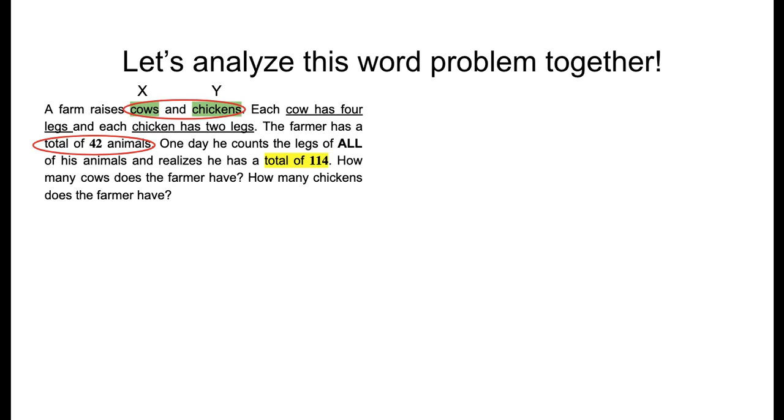So right here where it says that he raises cows and chickens, and we already let that represent our X and Y, we're just going to extract that and say that X equals the cows and Y equals the chickens. Each cow has 4 legs, so we can write 4 legs under the cows.